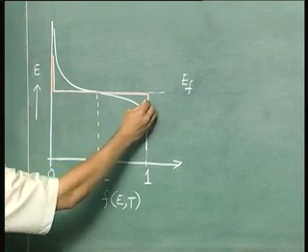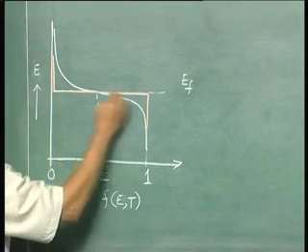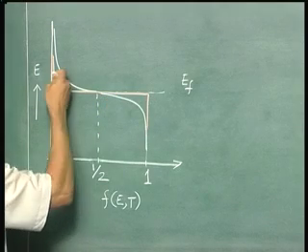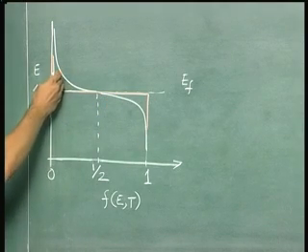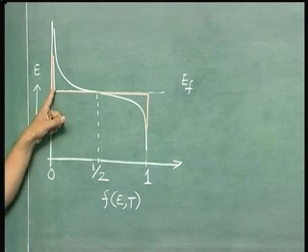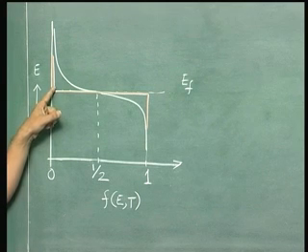So for example, below Ef at t equal to 0 there were electrons, and above Ef there were no electrons, because even if there were available states, the fraction occupied is 0, which means the states are unoccupied.